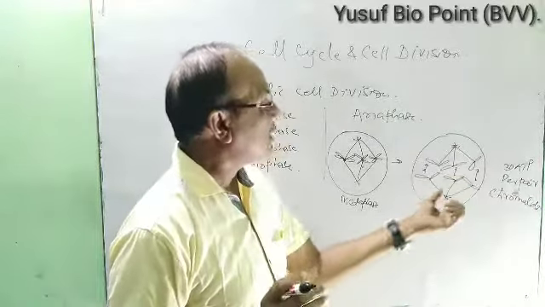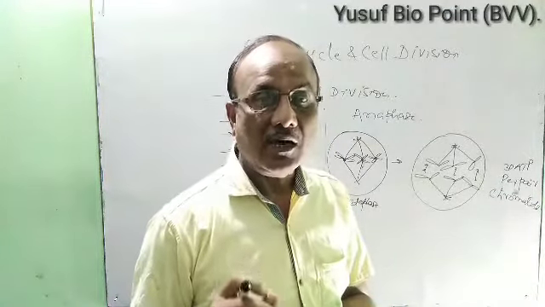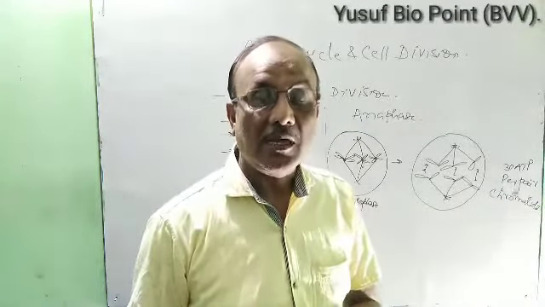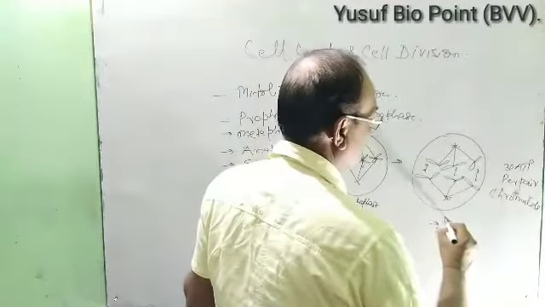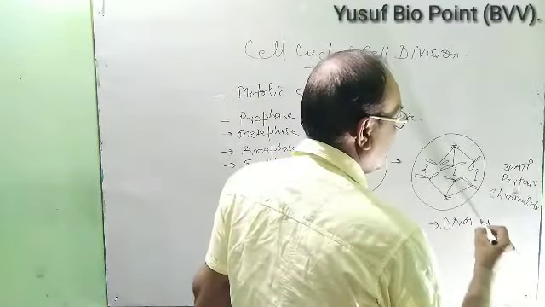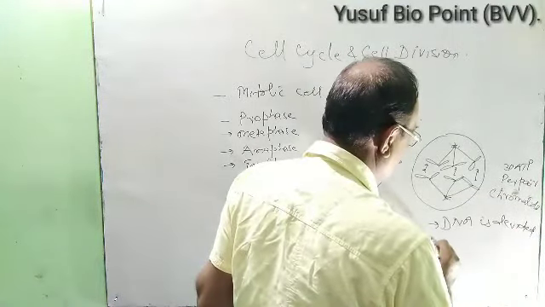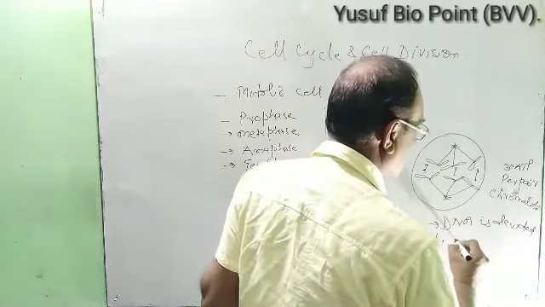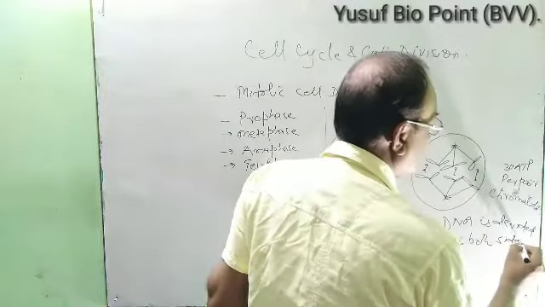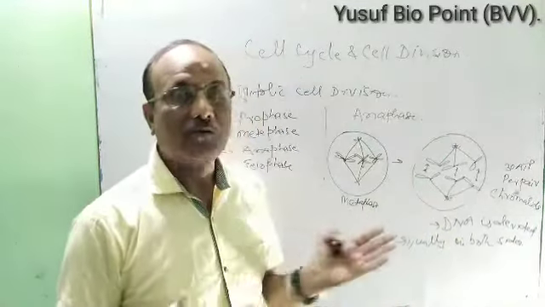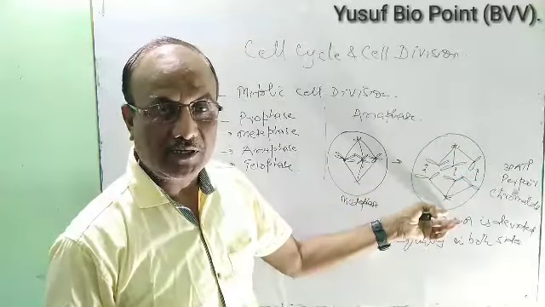The energy required is about 30 ATP. Now one most important thing is that in the S phase the DNA amount becomes double. That DNA is divided in this phase. The DNA is divided equally on both sides, means half towards this side and half towards this side.